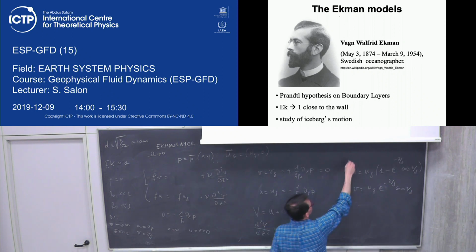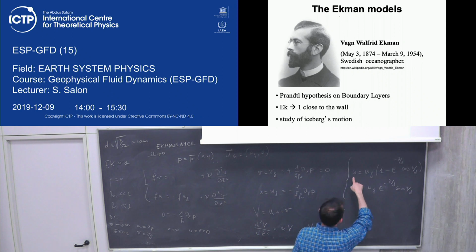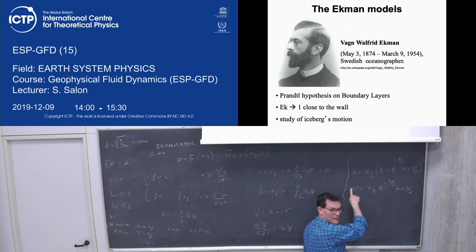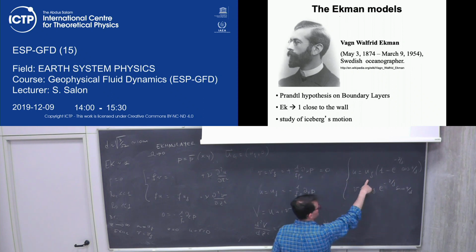So this is very important to have as a reference. So these two are the solution of the bottom Ekman layer. Both of them, of course, are depending on the geostrophic flow, the interior geostrophic flow.